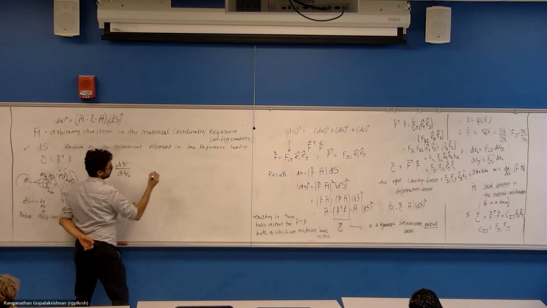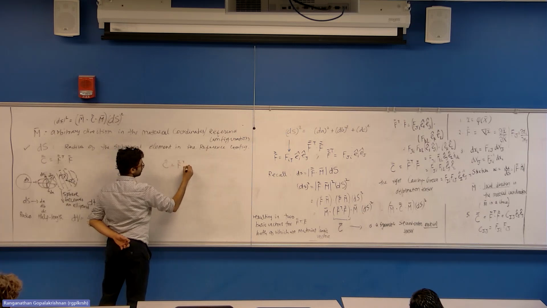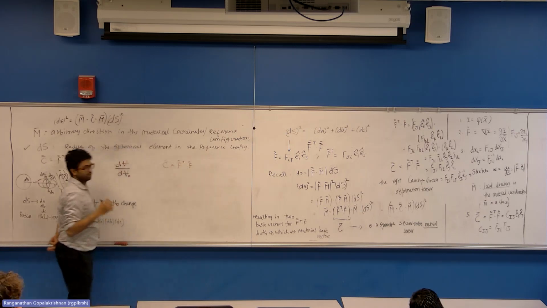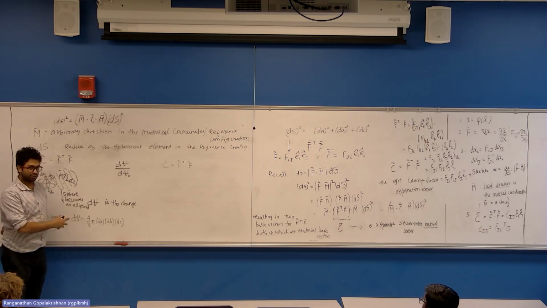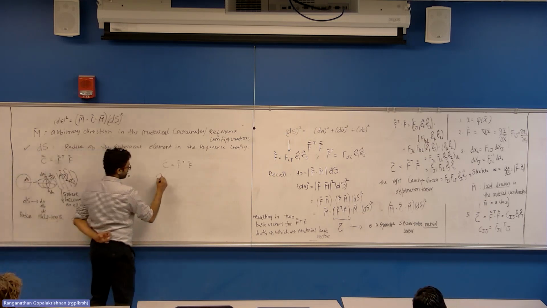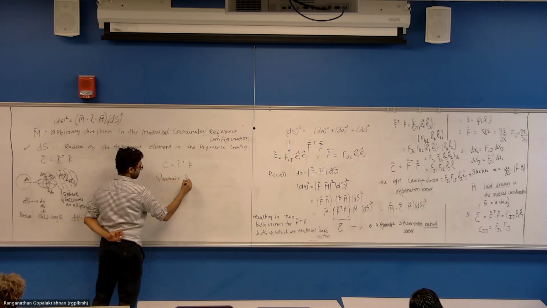Now you take C is equal to F transpose dot F. I'm sorry to do this to you, but we did see this in the first unit about quadratic forms.